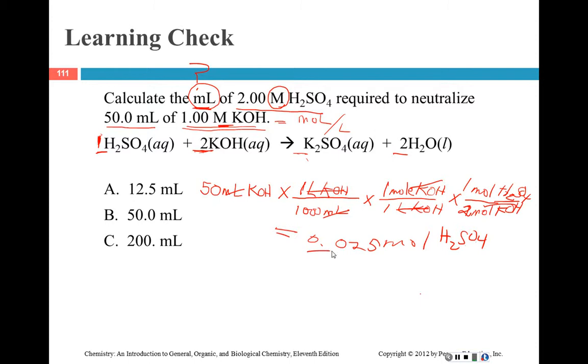And then how many milliliters? Oh, that's what I'm looking for, isn't it? So I've got moles.